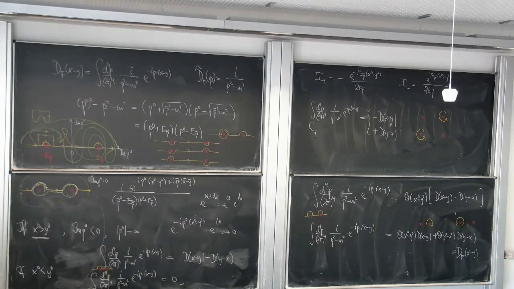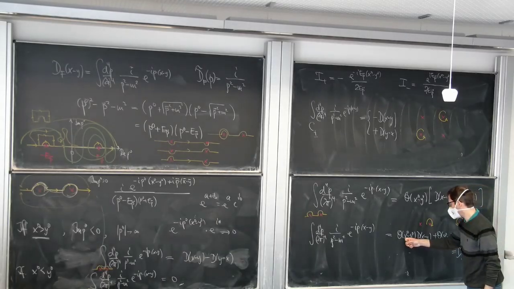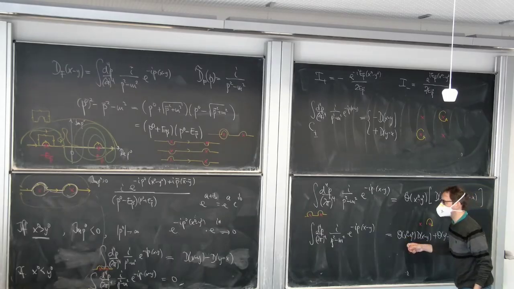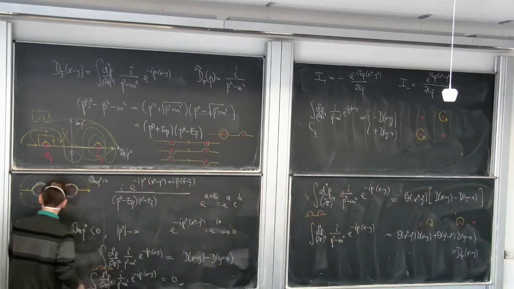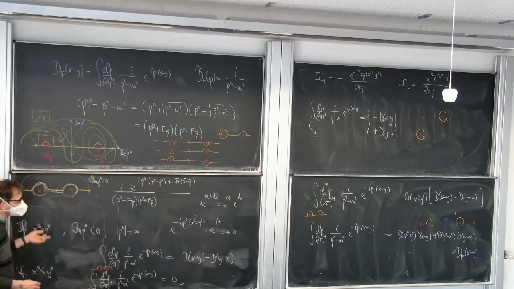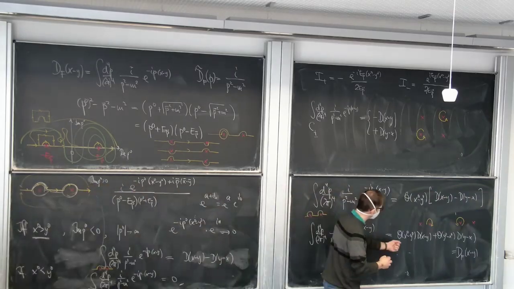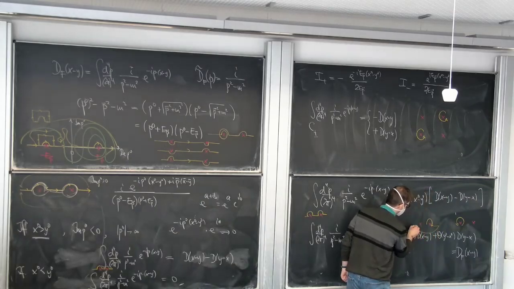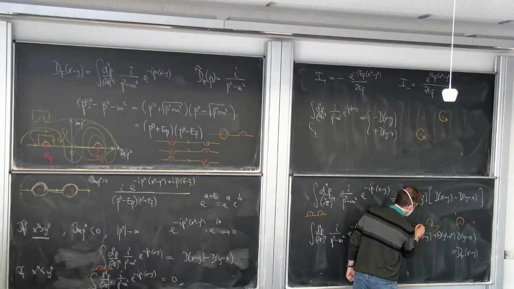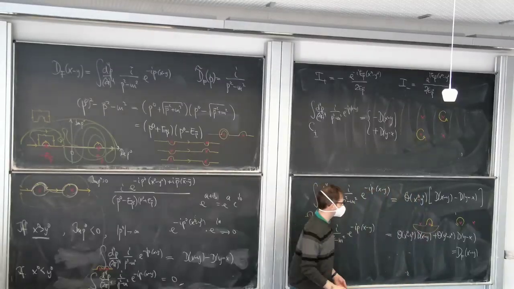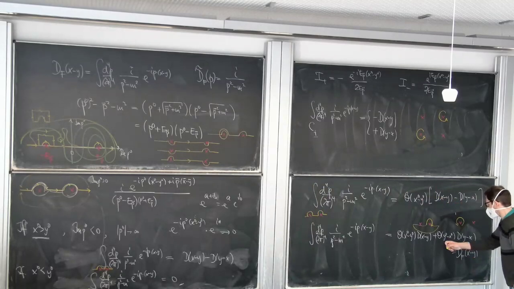And when do we want it? We want it here if x is larger than y. So if x is larger than y, we have to close below. So this means we have to be able to close below. We need to just circle this thing. So in here, it's for the other, above. We want to go around here, closing above.